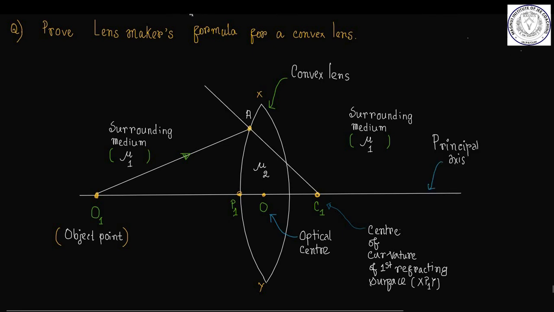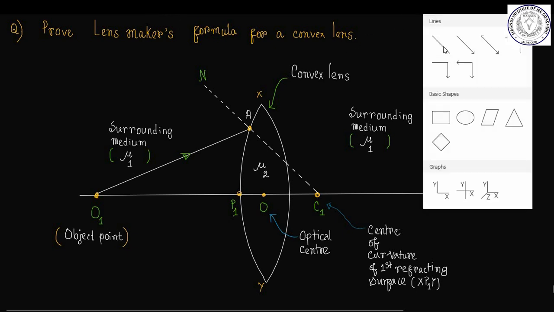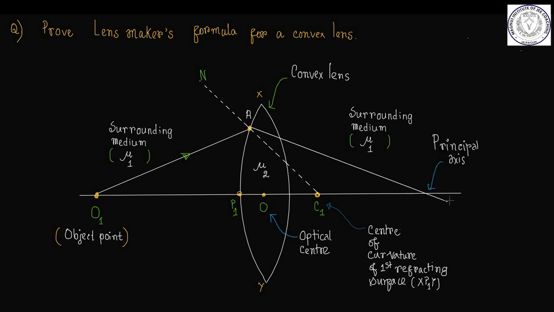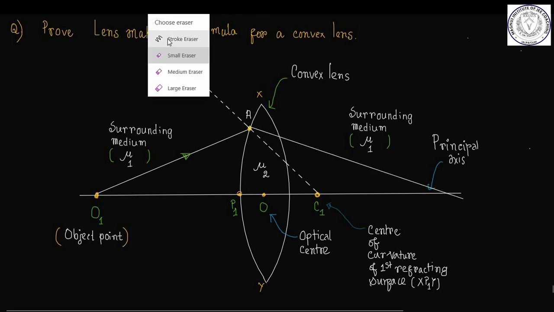Now we can connect the point of incidence A and C1, the center of curvature, and that will be the radius of curvature, and this is also the normal. AN is the normal at the point of incidence A. Now the refracted ray will be traveling along this direction through the lens.